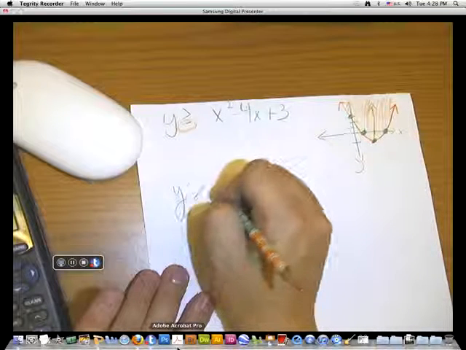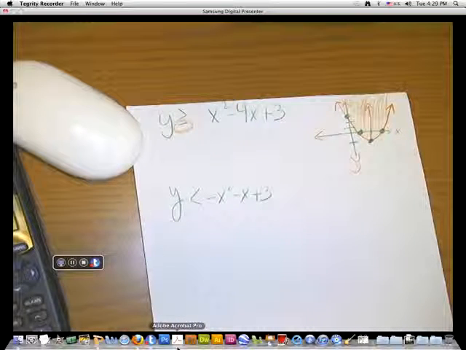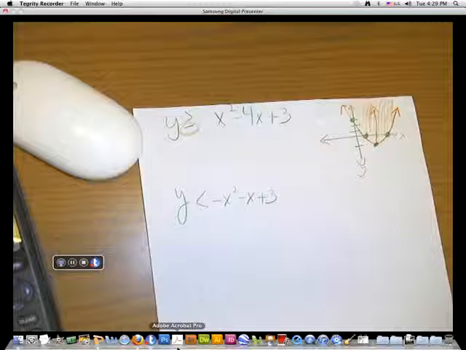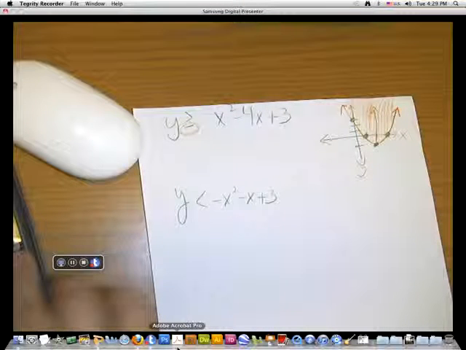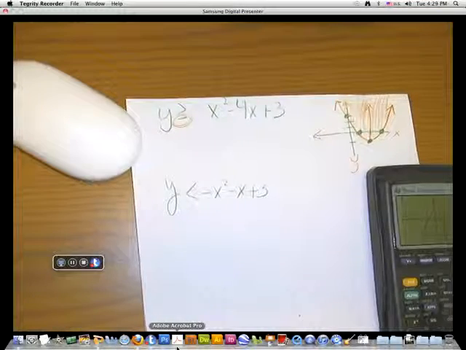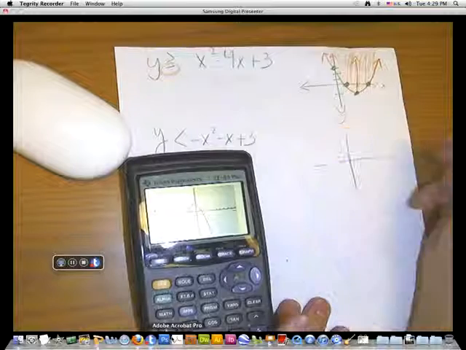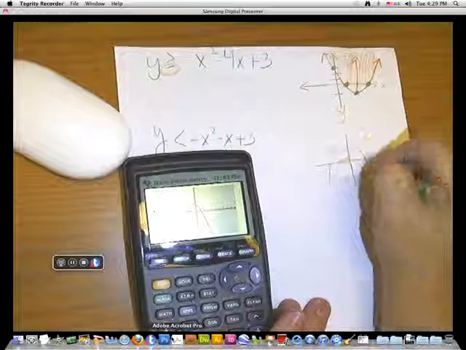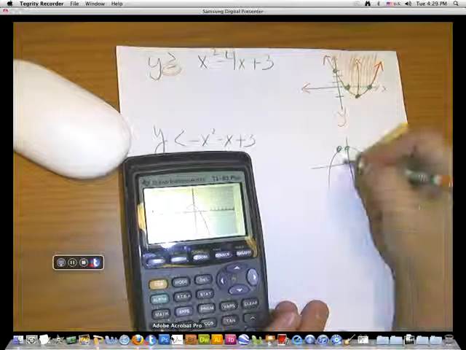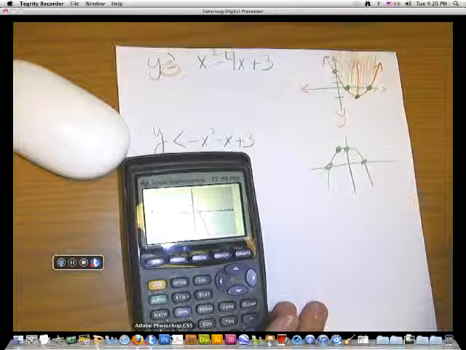All right, here I have y is less than negative x squared minus x plus 3. I would go to my calculator, put it in, and find all of the necessary pieces. So in this case, I'm going to find the y-intercept, the vertex, and the x-intercepts.